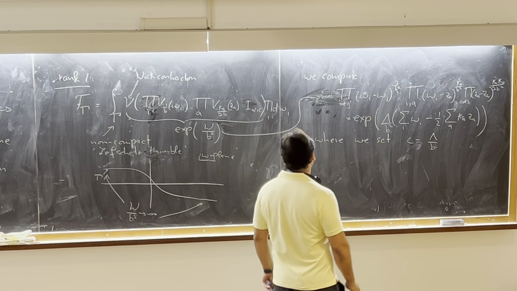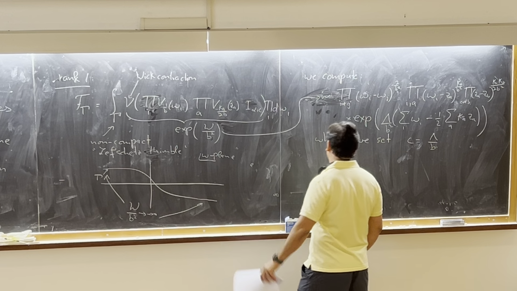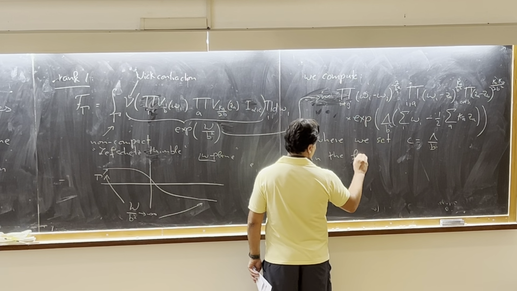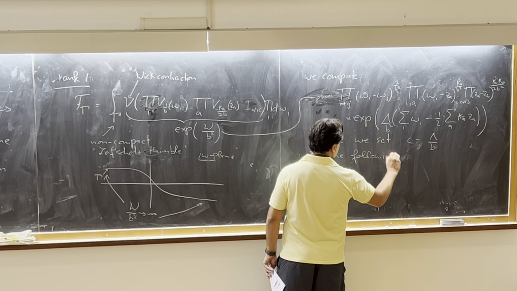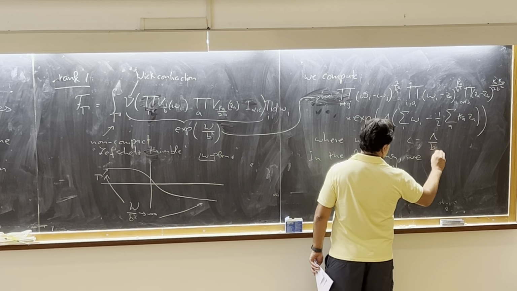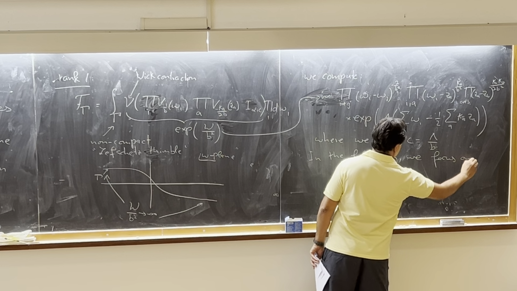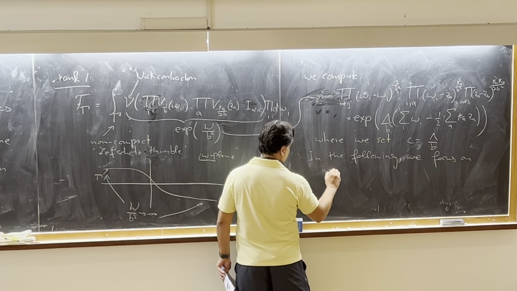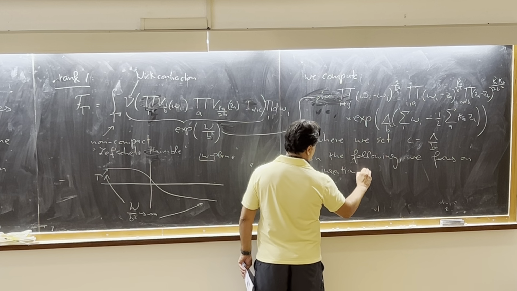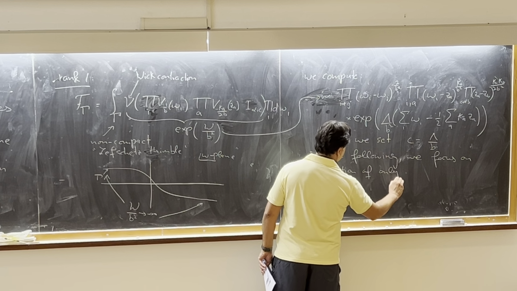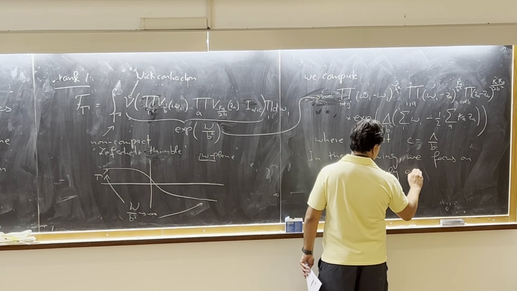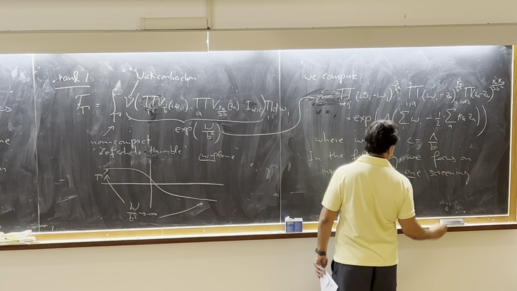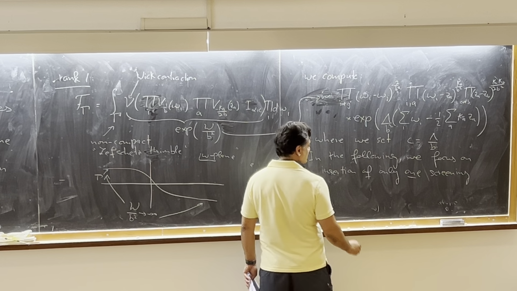And I'm also going to focus in the following on insertion of only one screening charge, so as not to clutter the notation, because for the higher rank it will become more complicated.